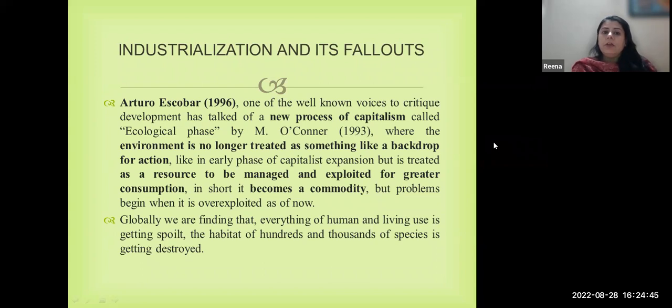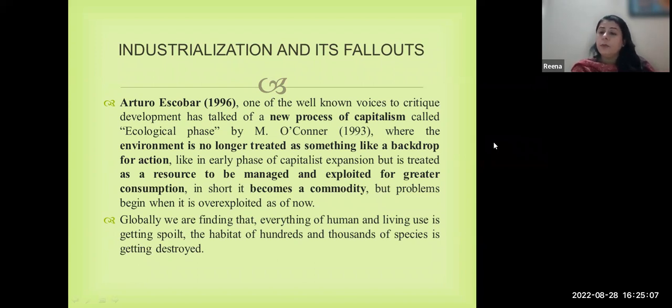Then if we look at the famous work of Arturo Escobar, one of the well-known voices critiquing development, he has talked about a new process of capitalism called the ecological phase. This ecological phase considers that the environment should not be treated as a backdrop for action.